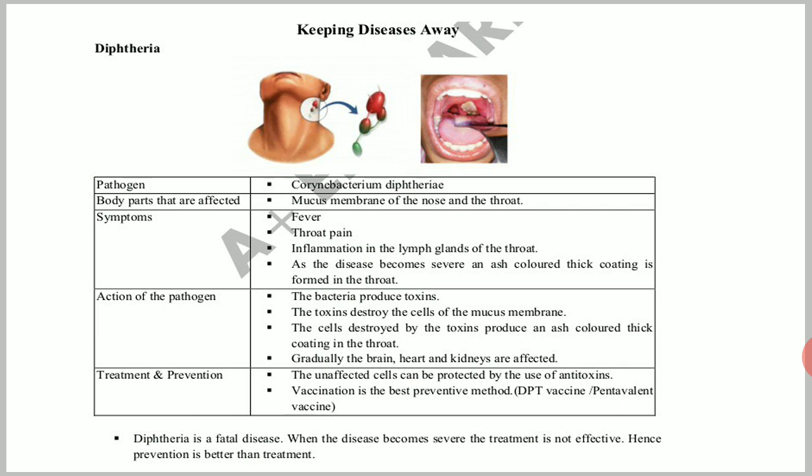I hope you remember the microorganisms, mainly bacteria, virus, fungus, protozoa, etc. are the microorganisms which generally cause contagious or communicable diseases. Today we will be discussing two bacterial diseases. One is diphtheria.